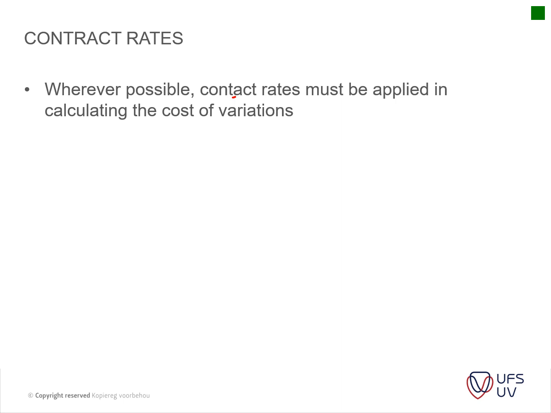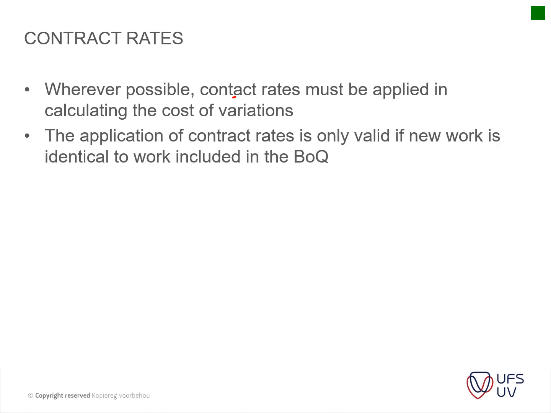Whenever there's a change in item and the rate is not changed, then the existing rate should be used to calculate the variation orders. The application of contract rates is only valid for new work if it's identical to the work included in the BOQ. I think that's self-explanatory: if the items are exactly the same, rates can be used.